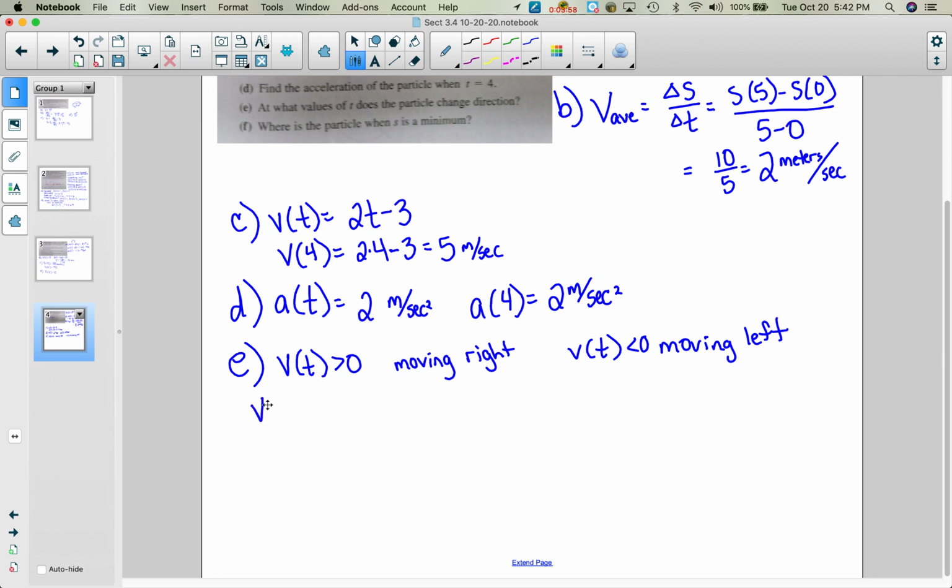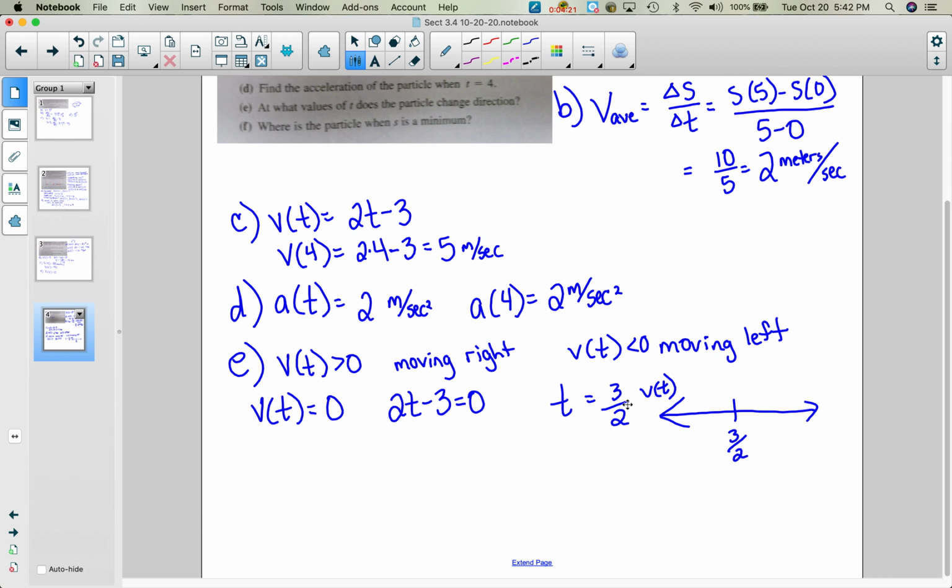So we want to find the 0. We need to know, well, when is v of t 0? So I'm going to set that equal to 0. 2t minus 3 equals 0. And when you solve for t, you get 3/2. And then I want you to notice, if I make a little number line chart here and plot my 3/2 right here, if t is greater than 3/2, like say a 2, and I plug a 2 in, I get 4 minus 3 is 1, which is positive.